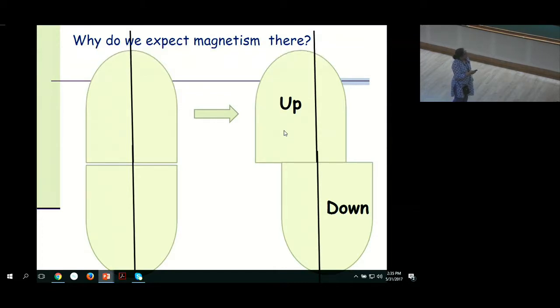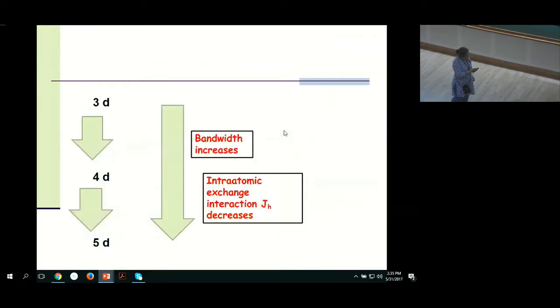As you go from the 3D to the 4D to the 5D transition metal elements, the extent of the wave function of the transition metal atom increases, and as a result, you have an increase in the bandwidth.